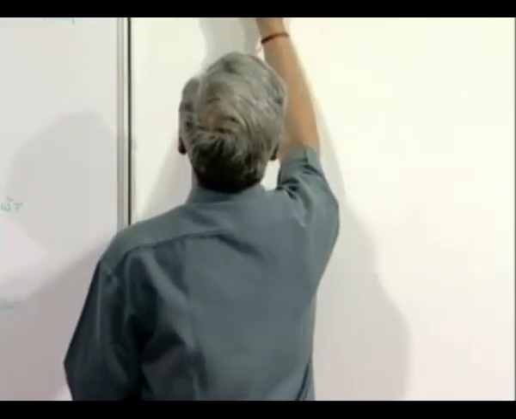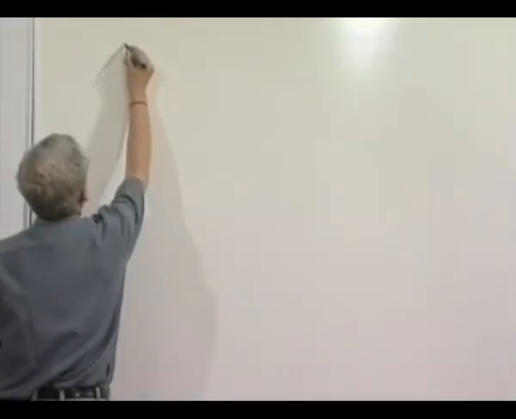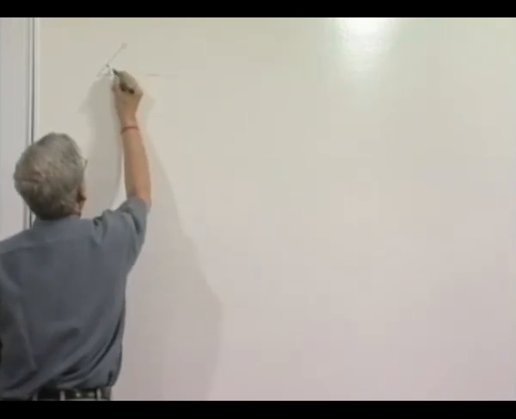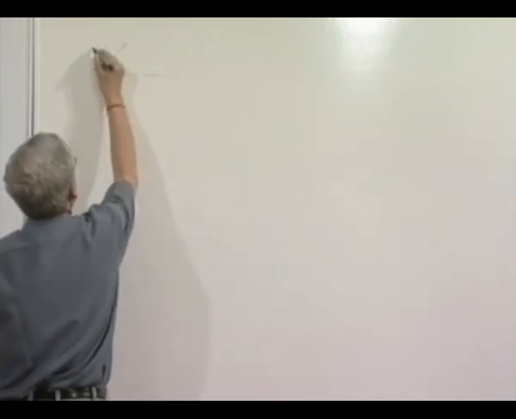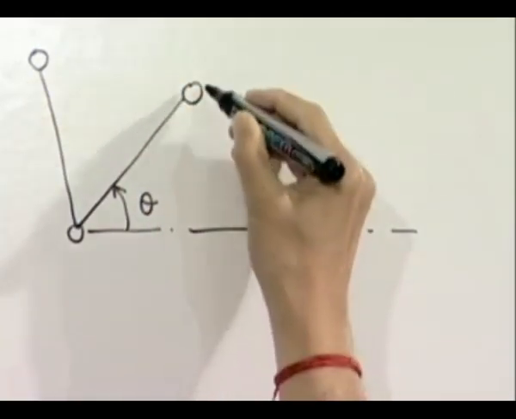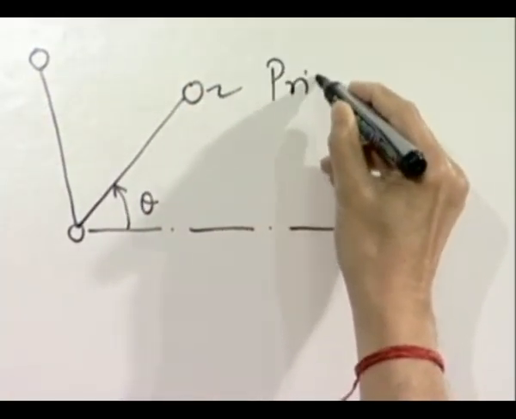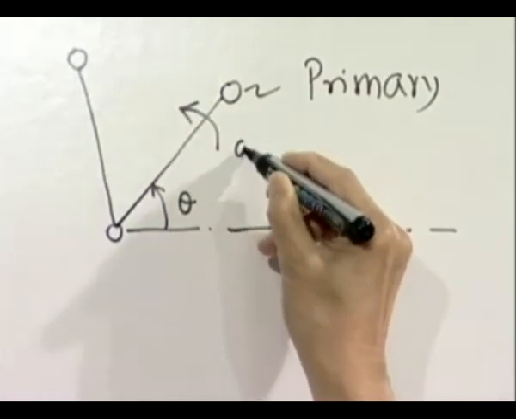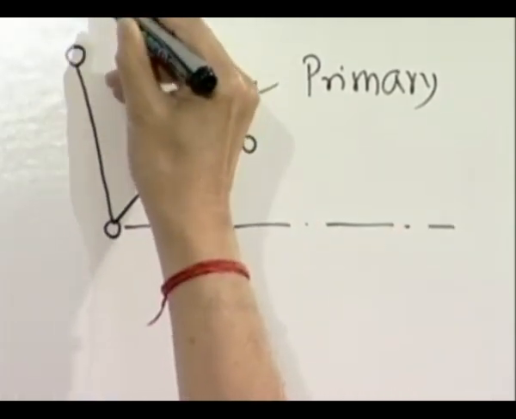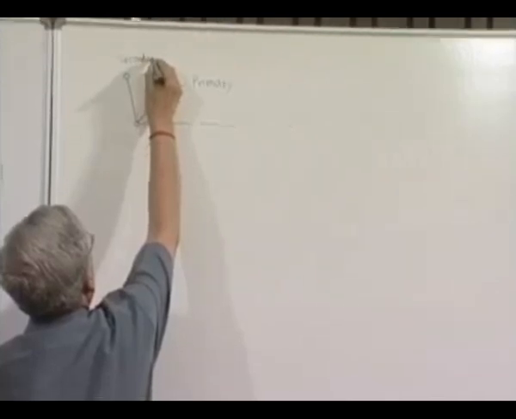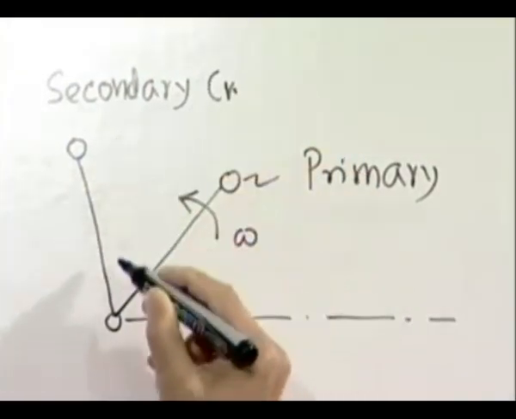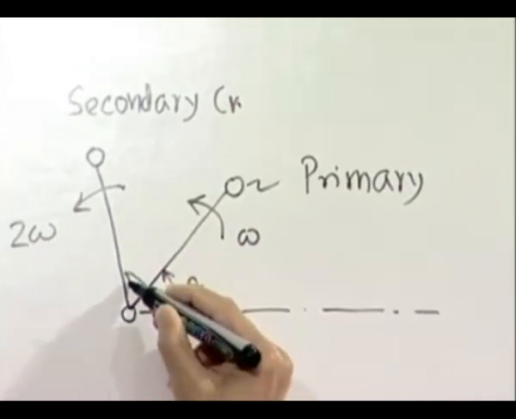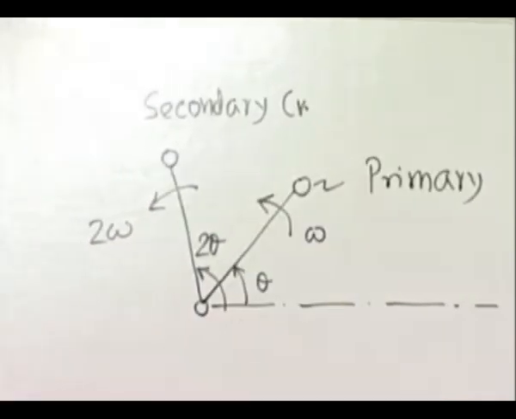That means, if this is the primary crank rotating with a speed omega, then the secondary crank will be this. The secondary crank rotates at a speed 2 omega, and at any instant it makes angle 2 theta.